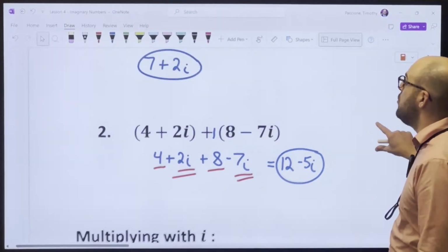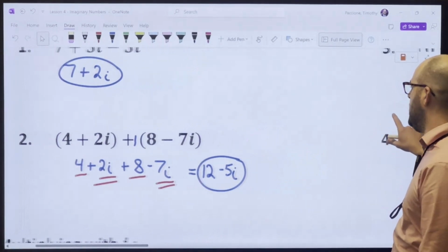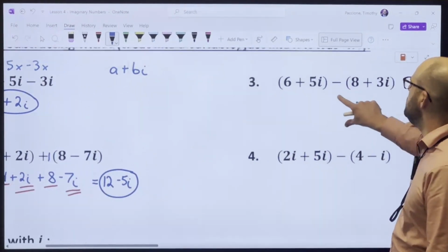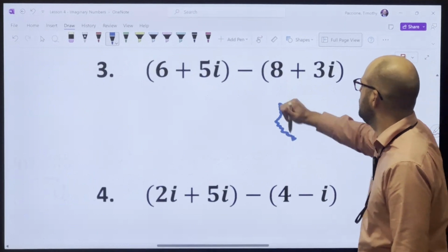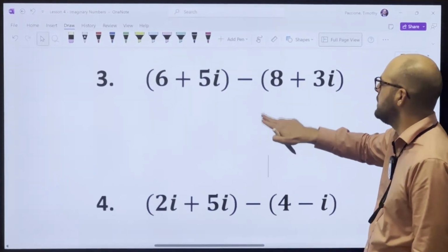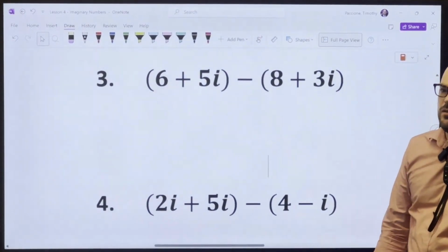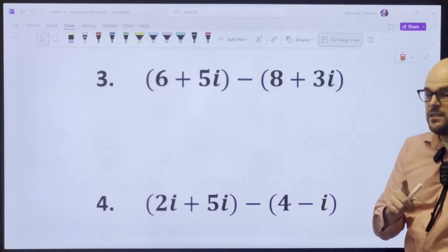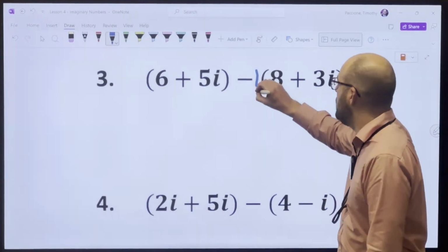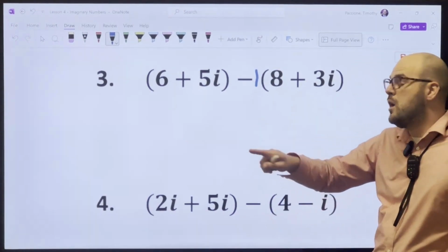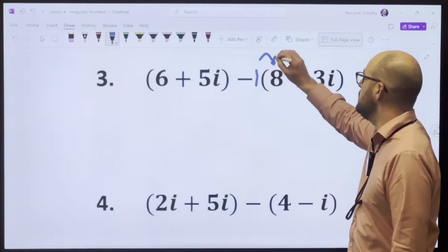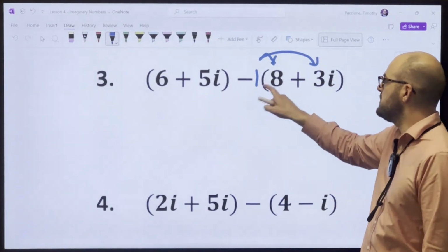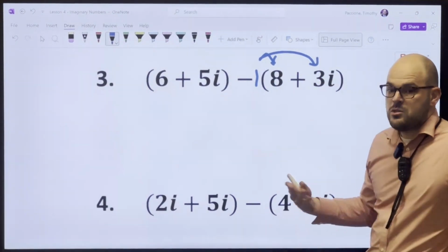Okay, now this example, number 3, very similar, except I'm subtracting, right? So if you're subtracting, what does that mean about the second parentheses? Multiply it all by -1. The signs change. If you forget that, think about as if there was a -1 out here being distributed through: -1 times this, -1 times that. So those signs change.